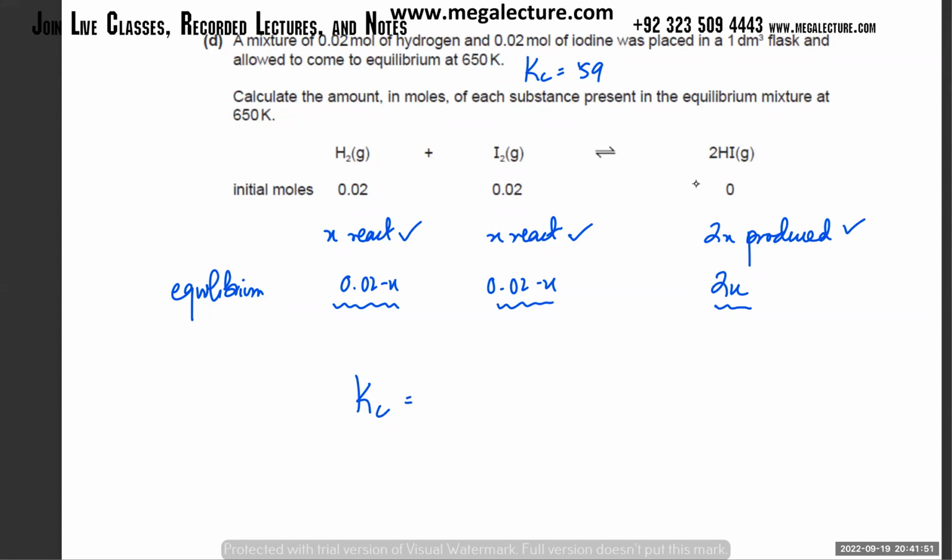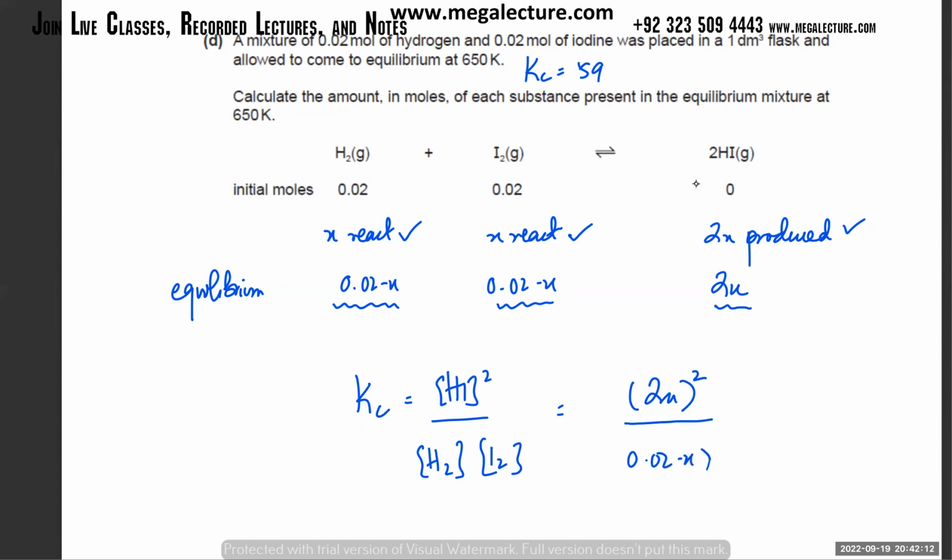So it's going to be HI squared divided by H2 and I2. So it's going to be 2x squared divided by 0.02 minus x and 0.02 minus x, or you can say 0.02 minus x squared.